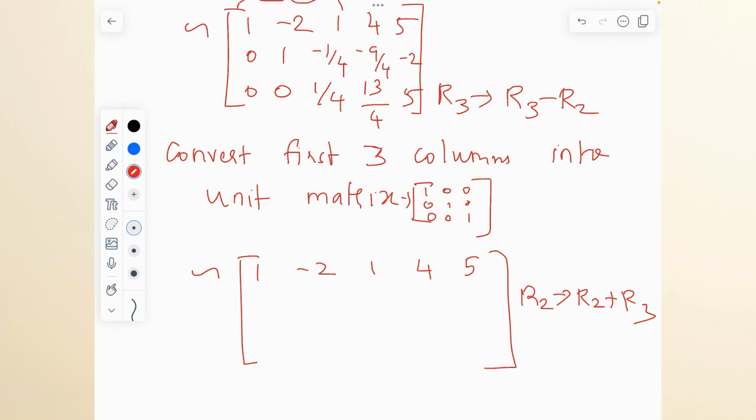So 0 plus 0 is 0, and 1 plus 0 is 1, and minus 1 by 4 plus 1 by 4 is 0. Then minus 9 by 4 plus 13 by 4, what will we get? It is 4 by 4, which is 1, and minus 2 plus 5 gives 3. Okay, and keep the third row as it is.